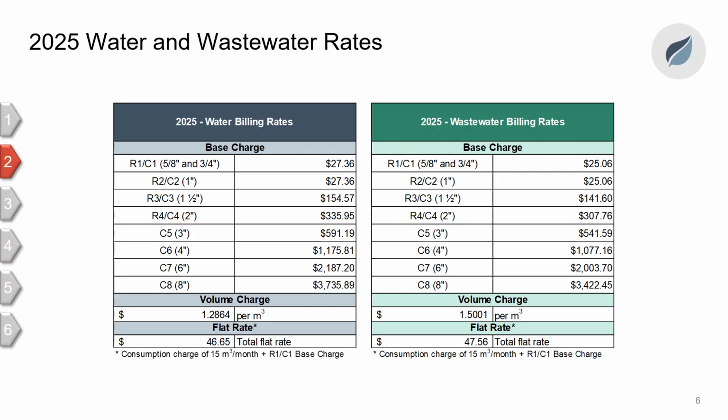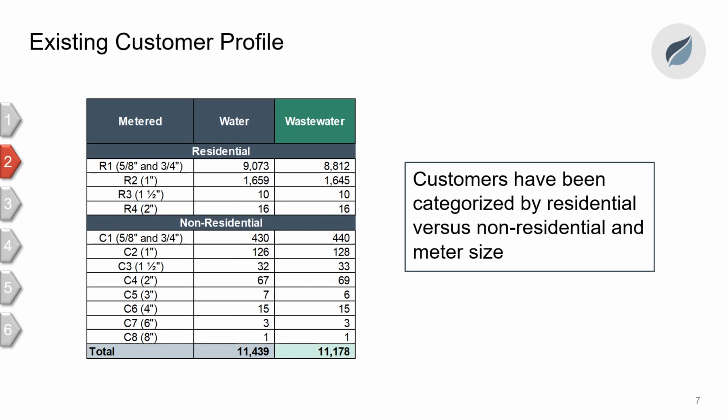And so with Haldimand County, the way that we calculate these rates is we take the costs that are required to operate the system, and then we take 50% of that cost and we recover it from the base charge. 50% of that cost we recover from the volume charge. So in terms of the existing customers, on the water side, we have over 10,000 residential customers for a total of 11,439 water customers.